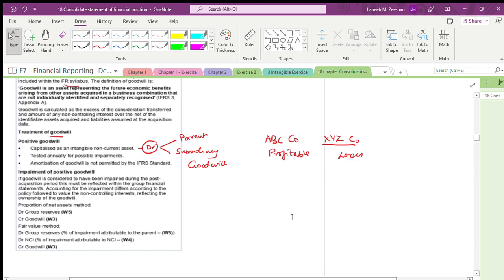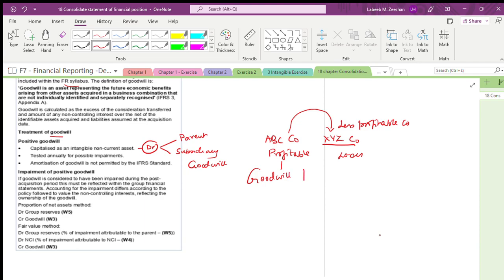I'm not saying losses, just not that healthy. The moment a profitable company acquires a less profitable company, the goodwill of the parent company will decrease. This process is called impairment.